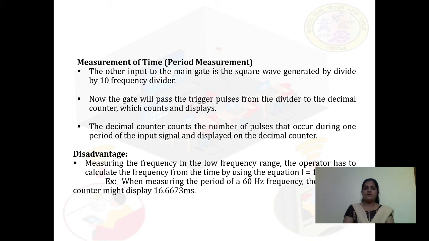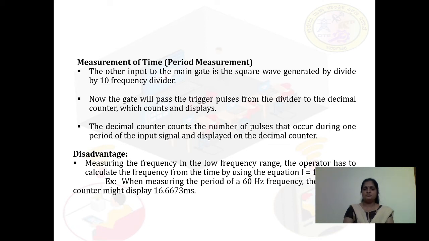So the operator has to calculate the frequency from the time by using the equation f is equal to 1 by t. Here we know the time interval, then the frequency can be calculated, that is f is equal to 1 by t. So the major drawback is that only the low frequency range can be measured.